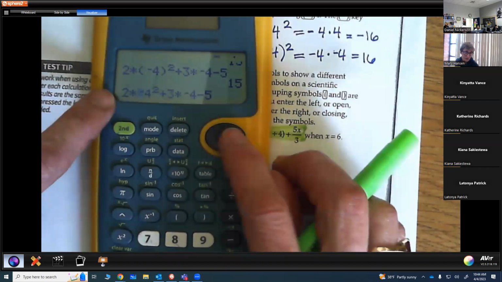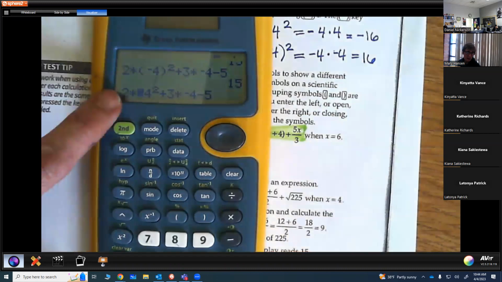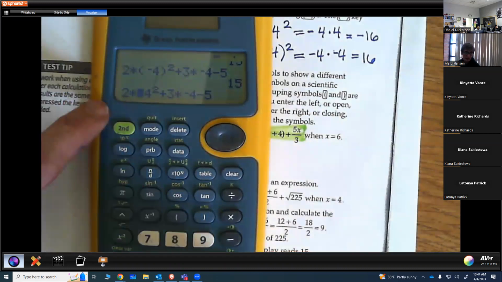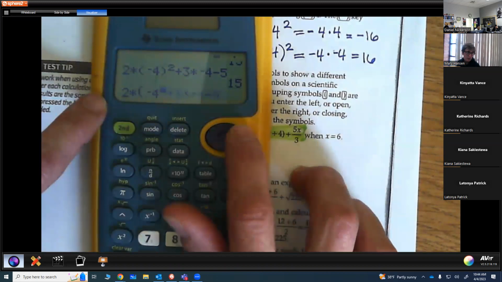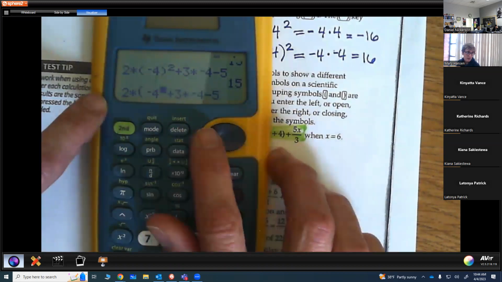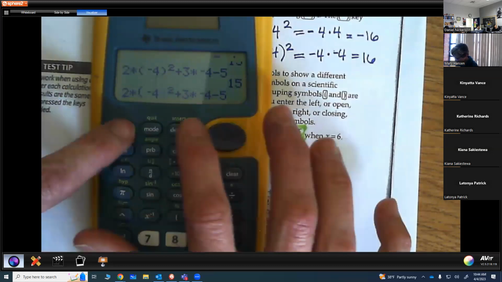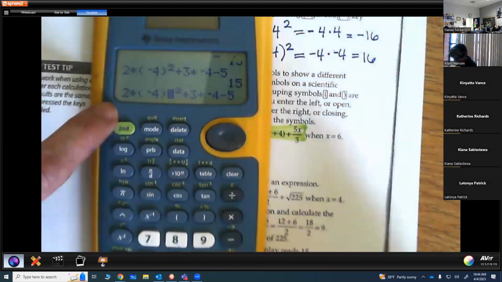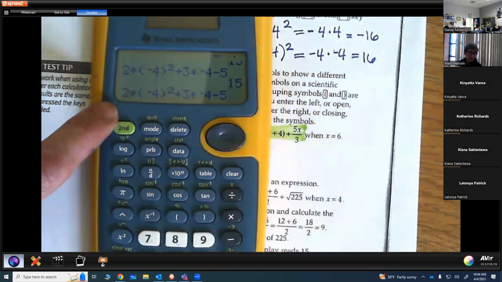Now I've realized I didn't put parentheses. So I've got my cursor right over where I want my parenthesis, and I push the green second and insert a parenthesis. And you can see it put the parenthesis right there. Now I want to insert another one. And I have successfully put in parentheses after I forgot them.